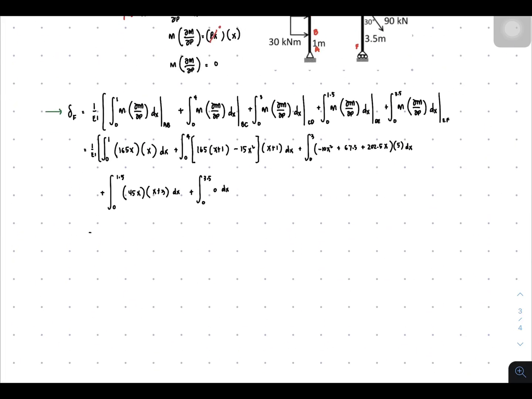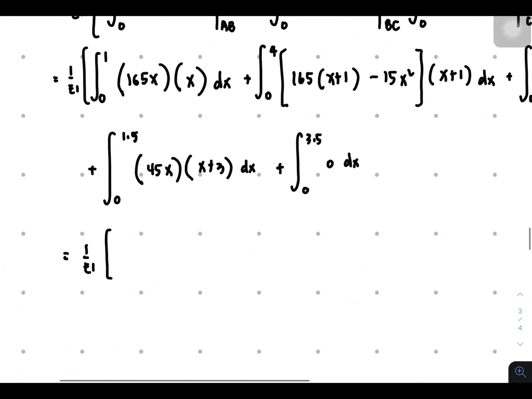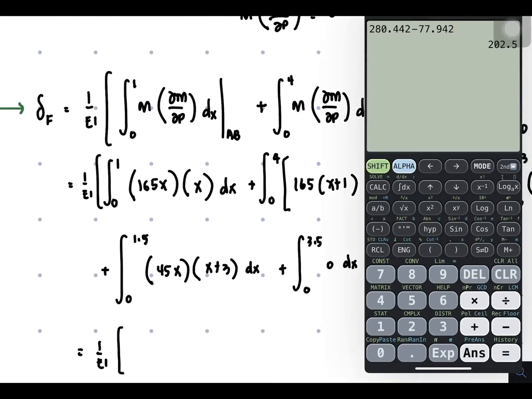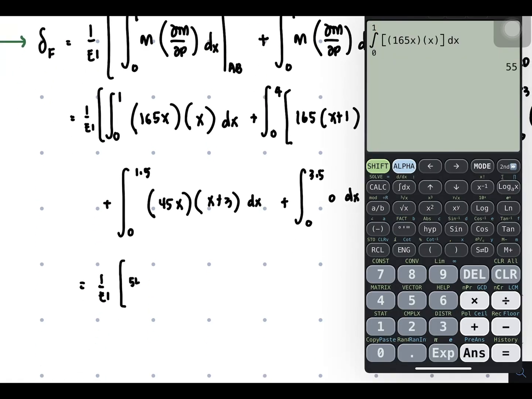Okay, so let's continue. 1 over EI times, let's start with the first one. The integral of 165 x times x from 0 to 1. That's 55.